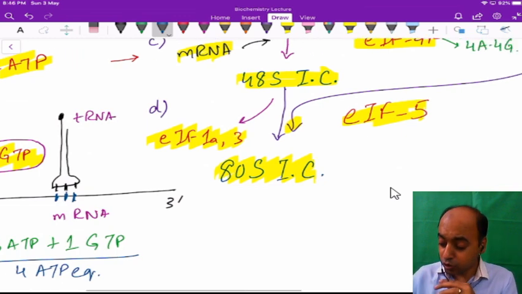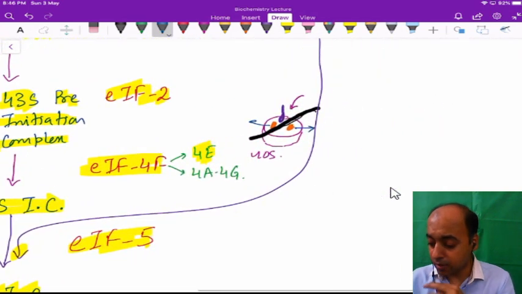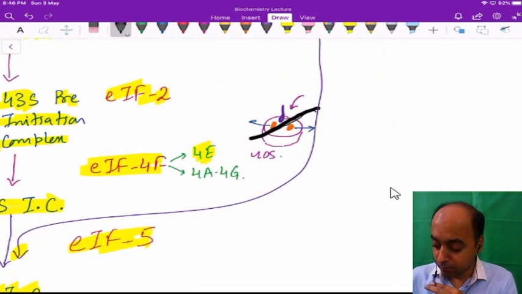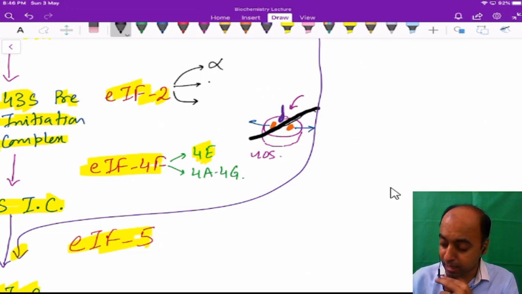Alright. So what is the regulation that we will get to see in initiation? The initiation factor 2 is made up of three subunits: alpha, beta, and the gamma subunits.